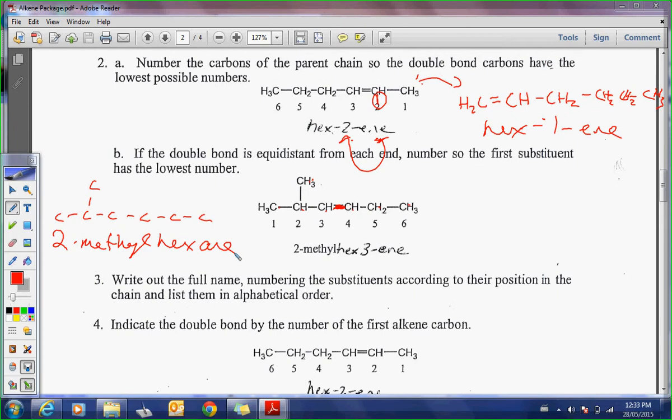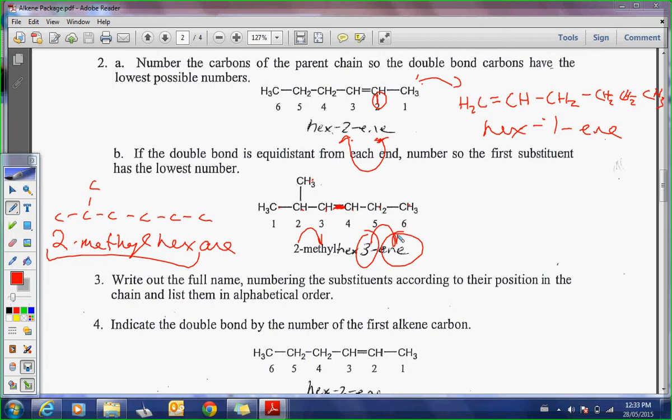Everybody okay with that? The 2-methylhex is still true. The only difference now is I have a double bond, so I put an ene in there. And where is that double bond? It's on carbon 1, 2, 3, and 4, but we always write down the lower number. So the methyl is on carbon 2, and carbon 3 has the double bond.